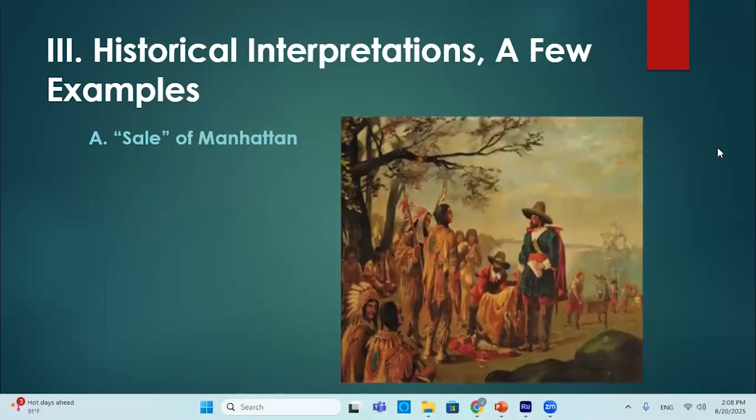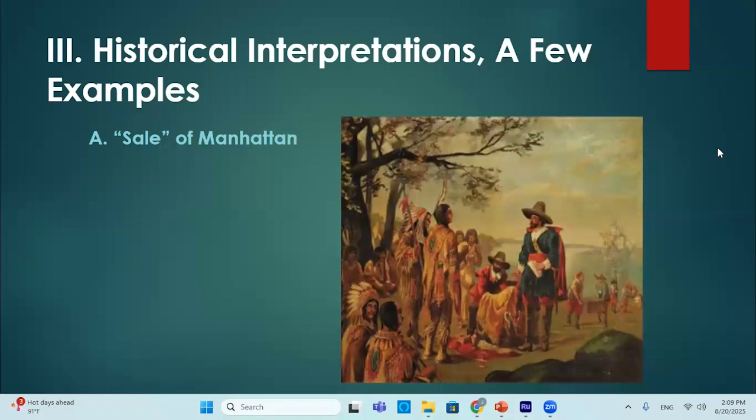Okay, so let's look at some examples of some conflicting or changing historical interpretations. I do want to say, by the way, we do frequently look at historical interpretations as something that kind of grow, develop, or evolve over time. But even within certain periods of time, there are historians giving all kinds of arguments and counter arguments to one another about their historical interpretations based on how they interpret the evidence.